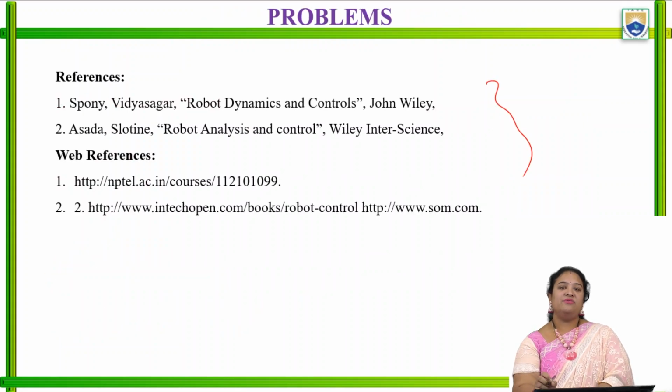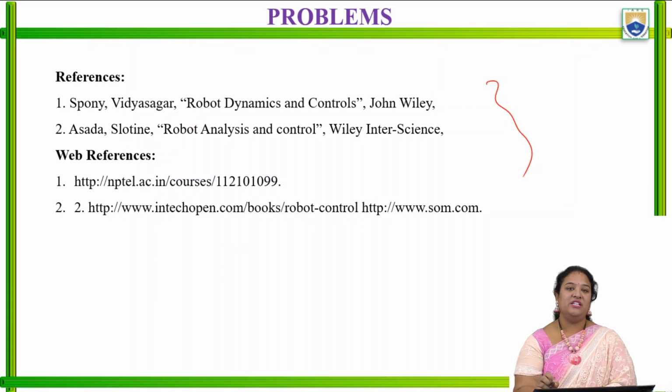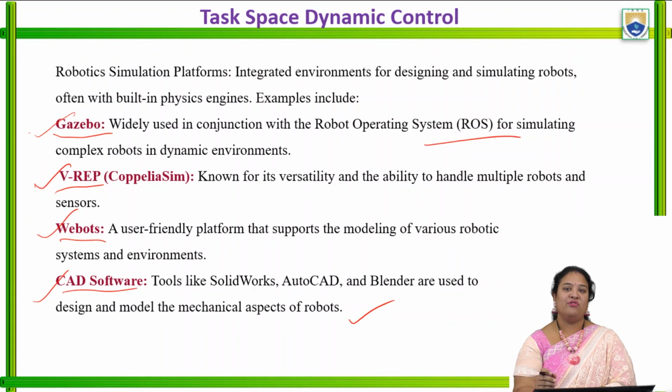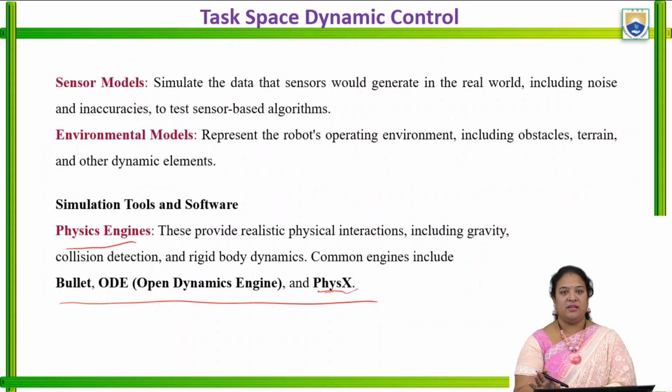So in today's class, we have discussed the various limitations of simulations and the different applications. We have gone through the various robot simulation platforms like Gazebo, V-REP, Webots or CAD software, of which I've said CAD software is one of the easiest and most applicable for simulation and designing.